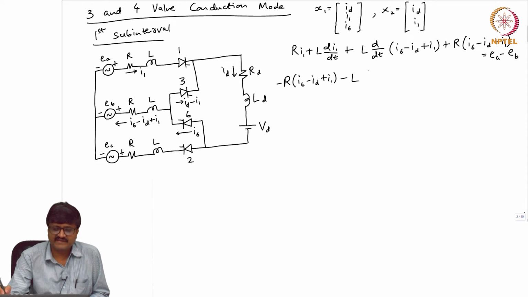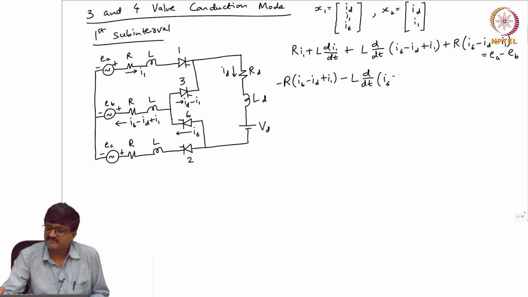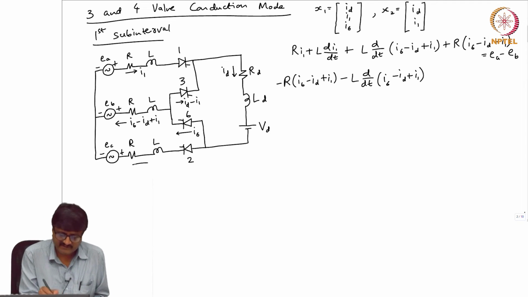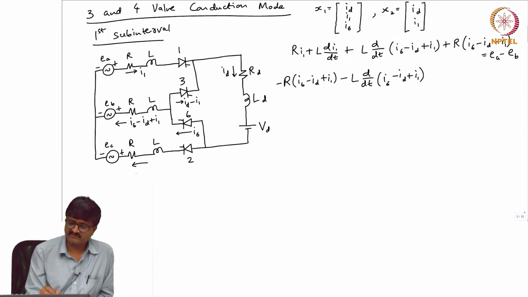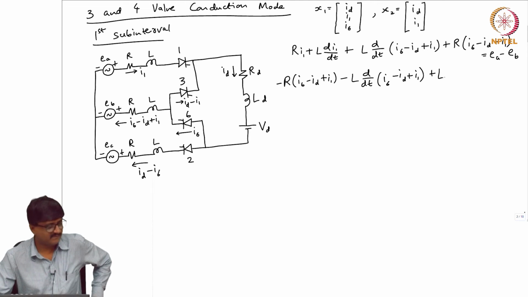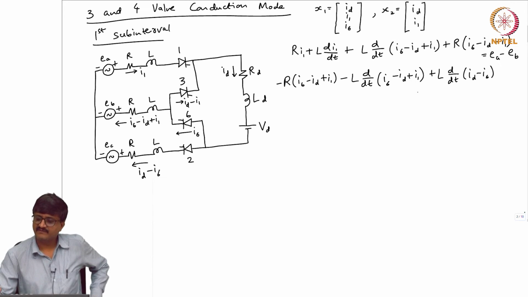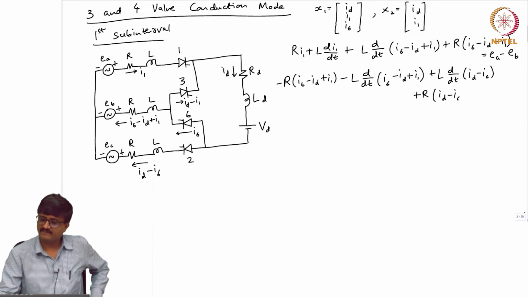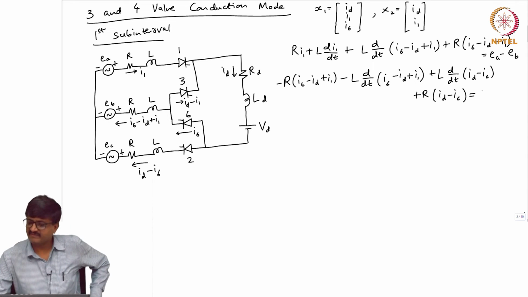Then this is minus L d/dt of (I6 minus ID plus I1). So, if I take the current through valve 2, it is ID minus I6, plus L d/dt of (ID minus I6) plus R (ID minus I6). So, this is equal to EB minus EC.